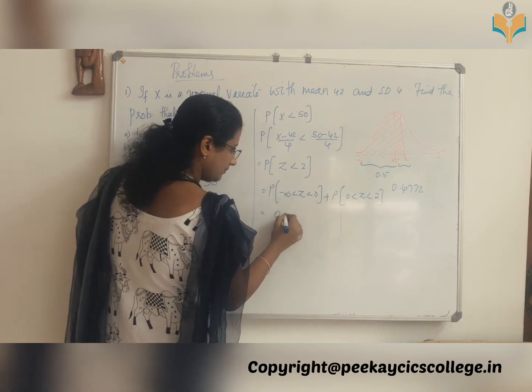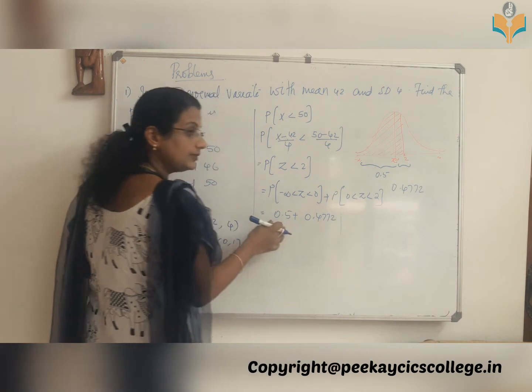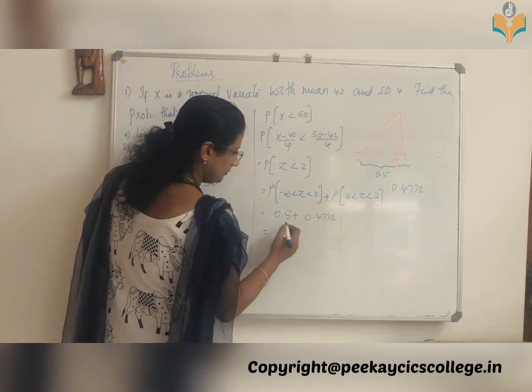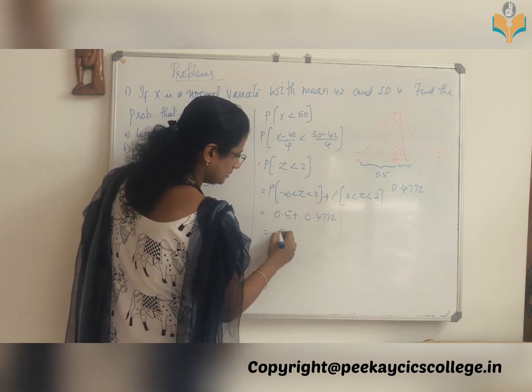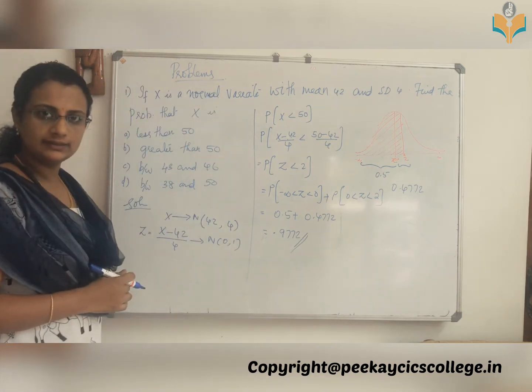Obviously this is 0.5 plus this is 0.4772. This value will be kept in the statistical table. Okay, then what will be the final answer? 0.977. Clear?